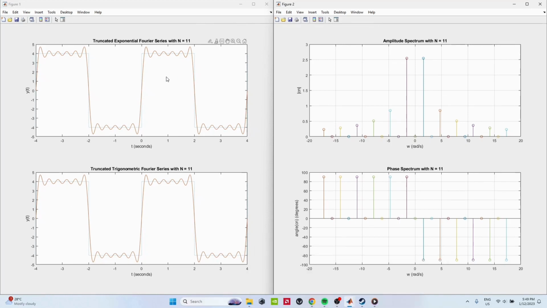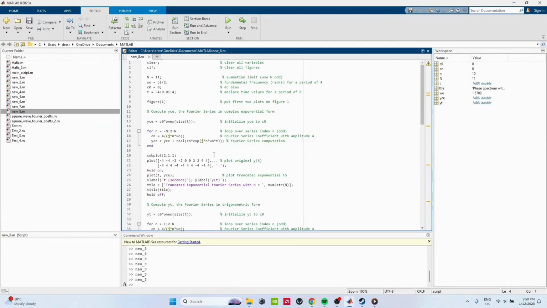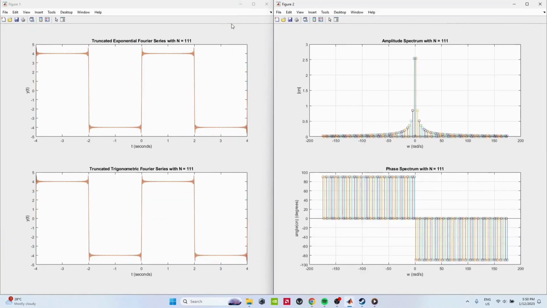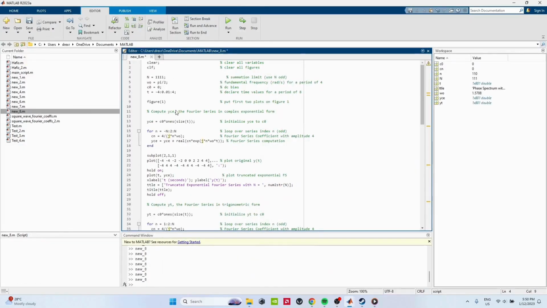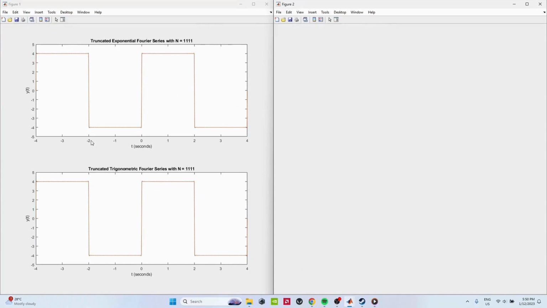If you want to make the reconstructed waveform perfectly match the original waveform, you can keep increasing the n harmonics. In this case, I'm going to increase it two more times: 111, and then the next one is 1111. As you can see, it is getting closer to the original waveform. So once we use n harmonics equal to 1111, we can see that the reconstructed waveform is now similar, or exactly the same as the original waveform.